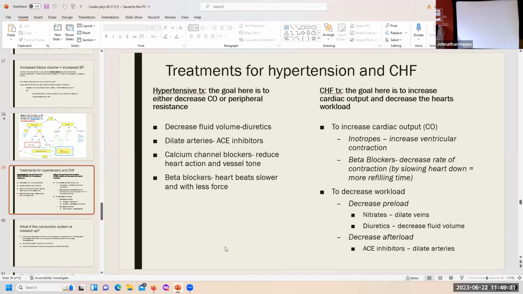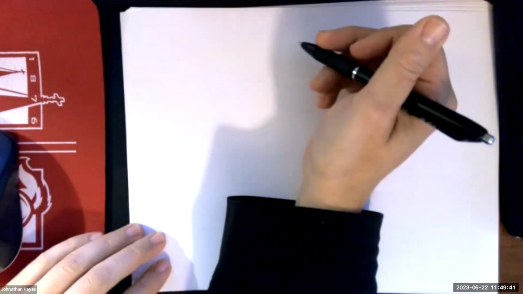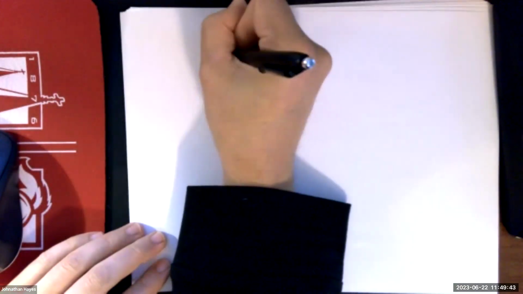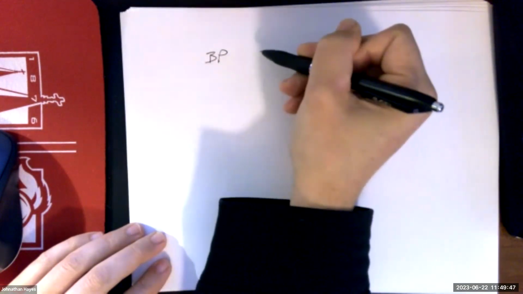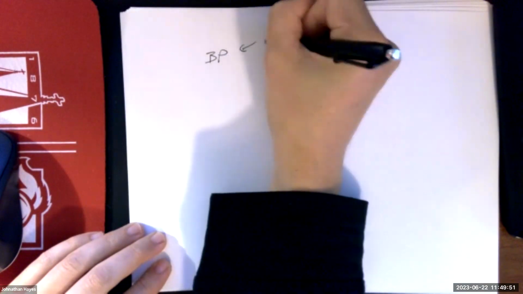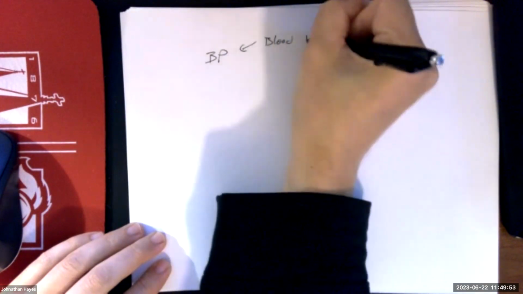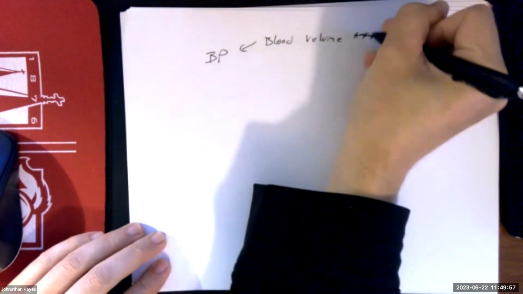But a lot of times when you're dealing with backup of blood with congestive heart failure, there was something that we talked about in anatomy too, that blood pressure has a lot of things that contribute to it. And one of the main contributing factors to blood pressure was blood volume. And I always star that.